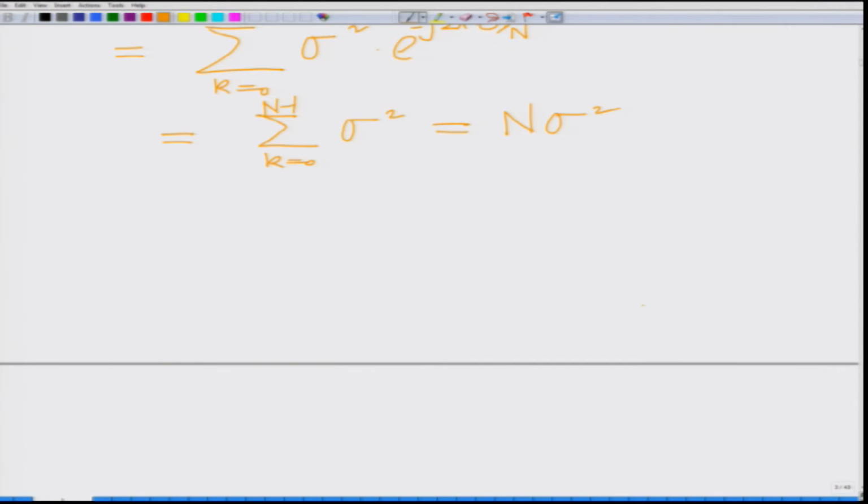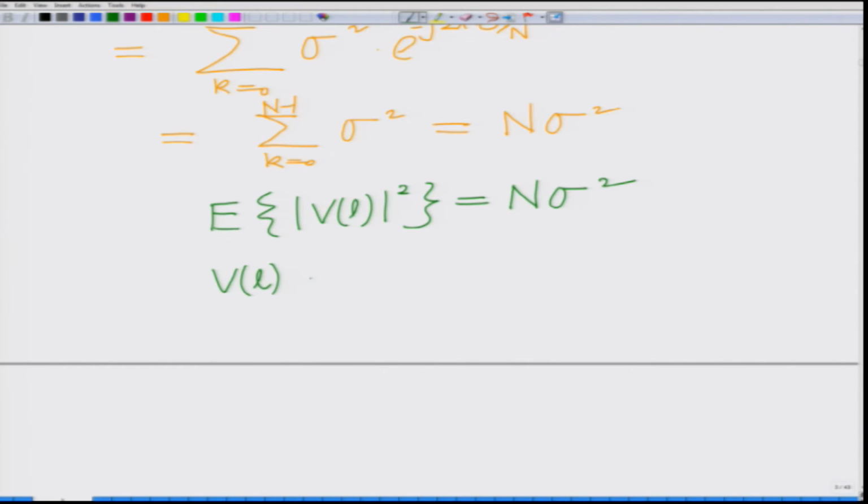Therefore, if you look at this result, we have expected value of magnitude VL square equals n sigma square. So, VL is Gaussian, that is written by this symbol N, normal Gaussian, in fact complex Gaussian.